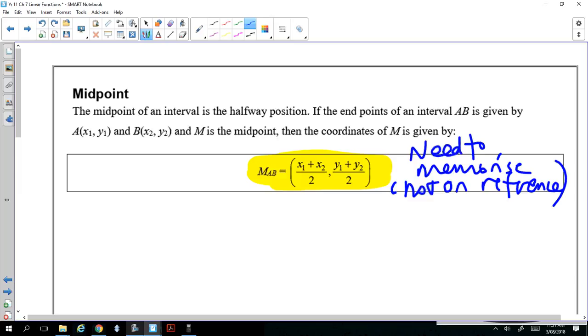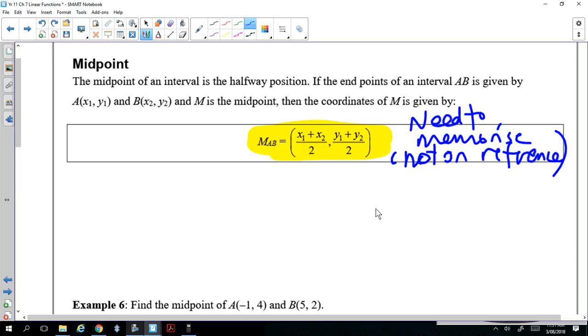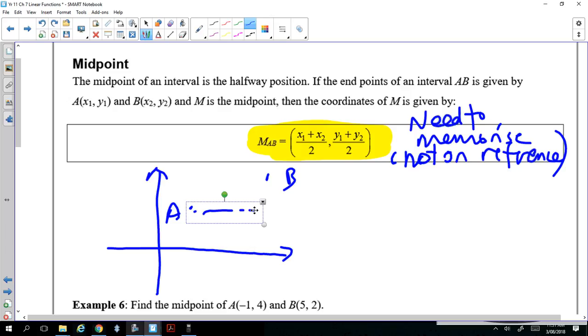Okay, good. All right, so what we're going to do is we're going to see where the formula comes from so you can remember this. So again, we've got 2 points, A and B, right? So what we do is, like before, we have a triangle. You have a triangle like this. And to get the middle, you get the average. So that's your x1, that's your x2, right? That's your y1, y2.